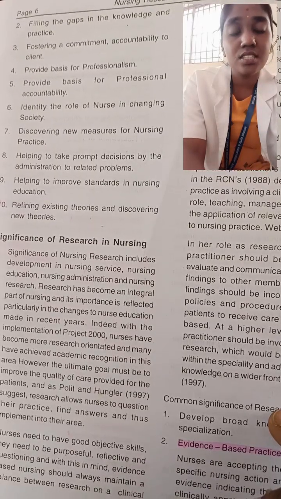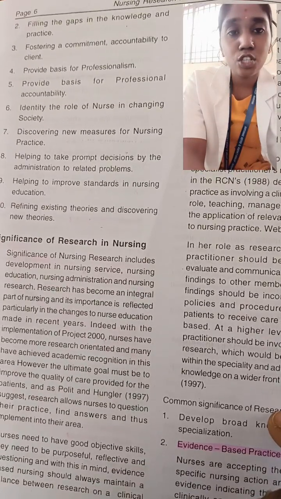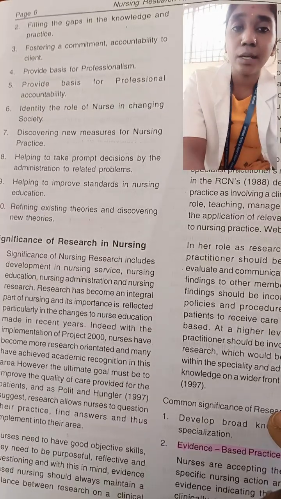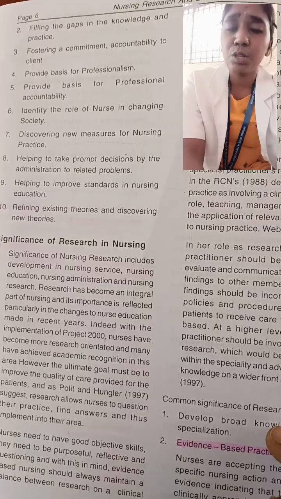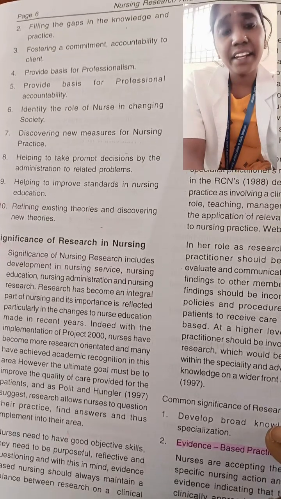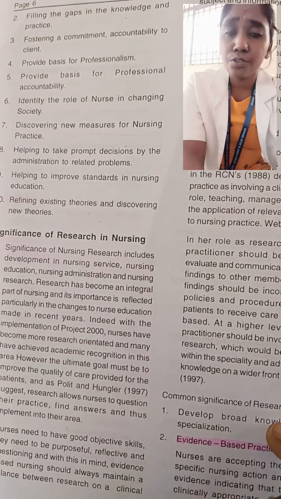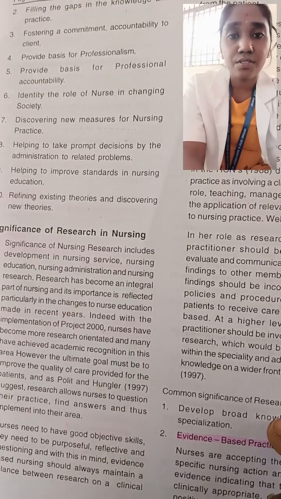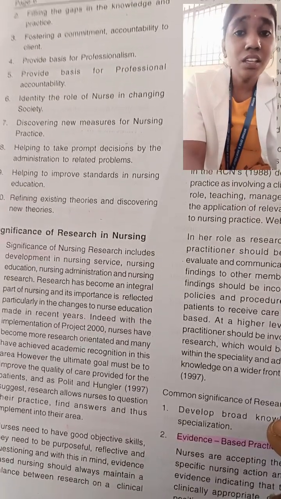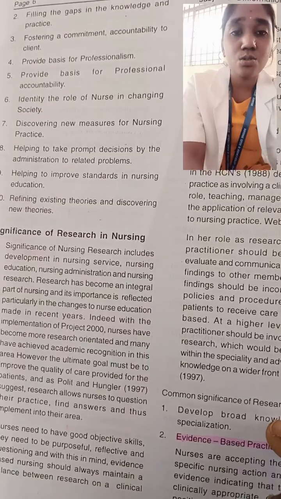Their role is there, like providing health education to individual, family and community towards diseases, communicable diseases and hand hygiene. What food they should eat, what the nutrition is, how they should survive. All these should be given to change the society.